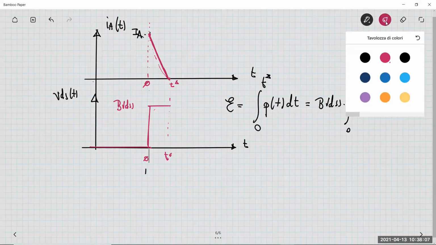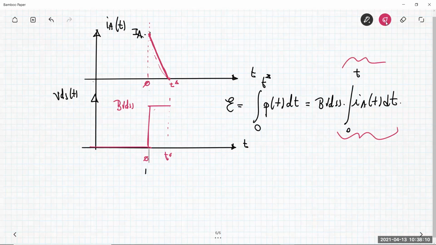This integral is basically the area under this triangle. So the area under this triangle is 1/2 the base, which is T star, multiplied by the height, which is IA.